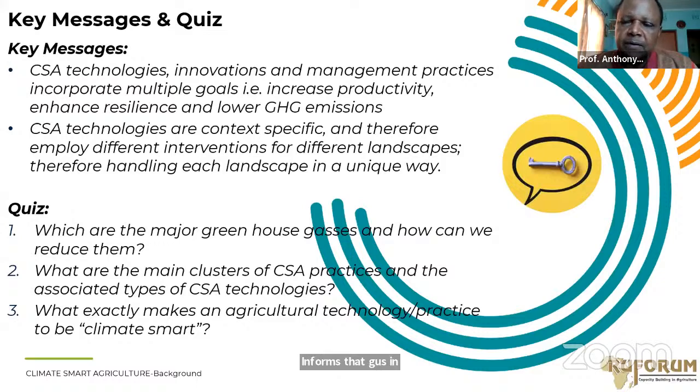This can be in form of ammonium. When you apply nitrates, they can be ammonified and they end up into ammonium gas, especially where you have high temperatures. Nitrates also can go through a process we call denitrification, and they end up also becoming nitrous gas, especially in reduced or submerged soils.